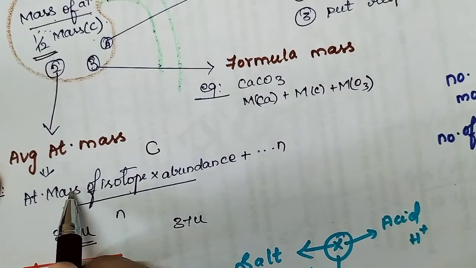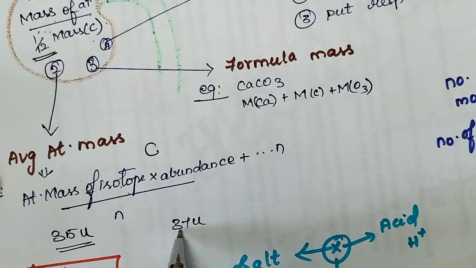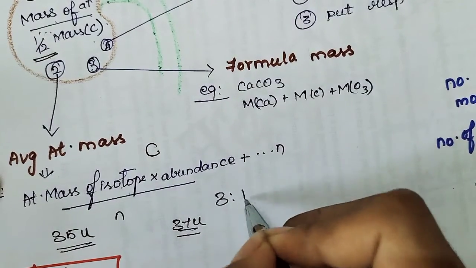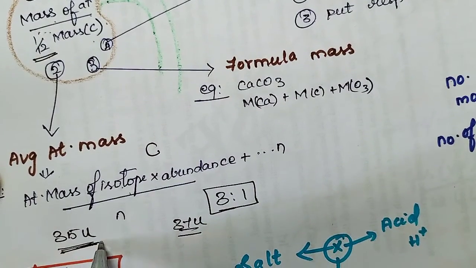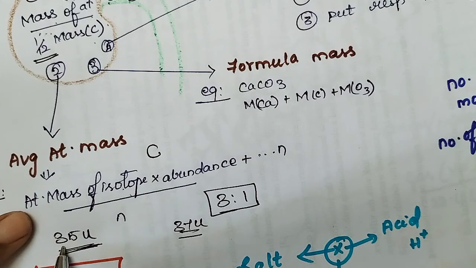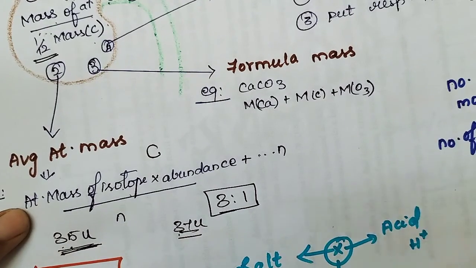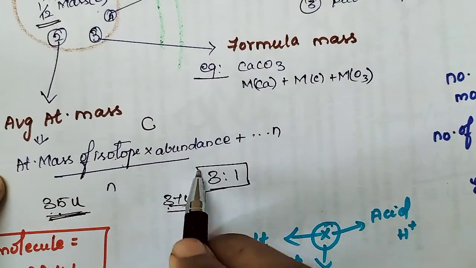One isotope mass is 35 u and the other isotope mass is 37 u. Then they have given the abundance, which is in a 3:1 ratio. If 3 moles of the 35 mass isotope are available, then 1 mole of the 37 mass isotope is available. That is this 3:1 ratio.